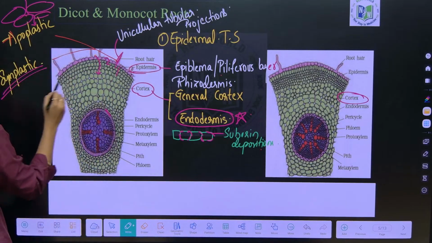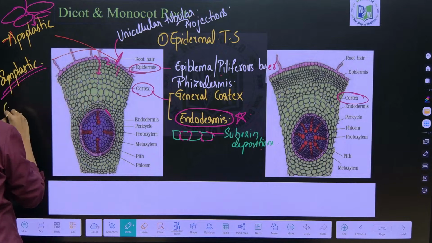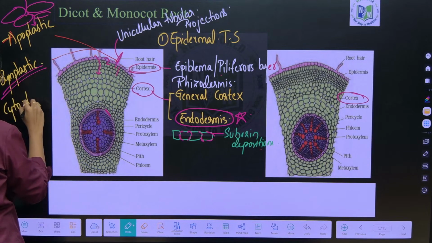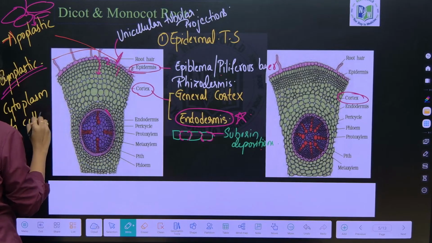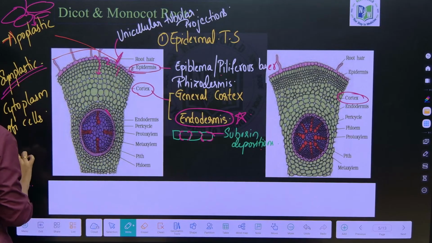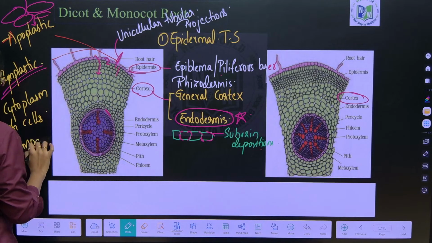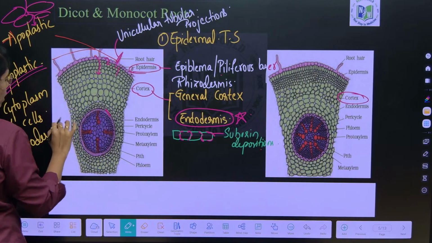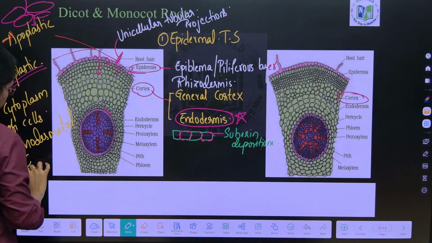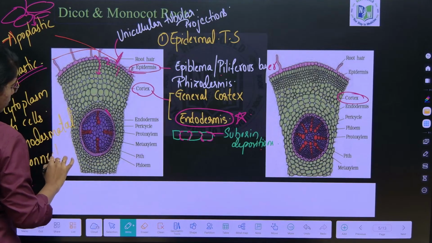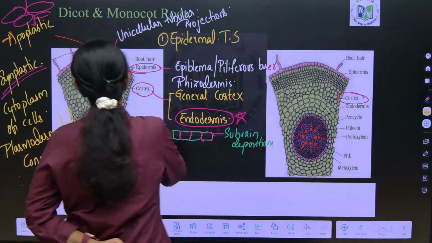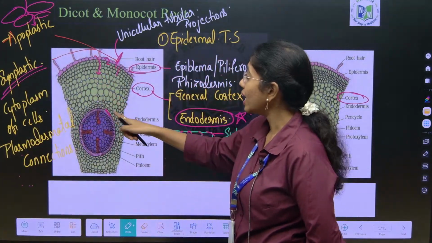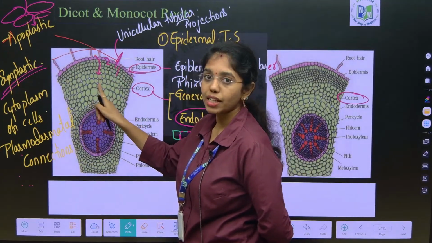Clear? So, through plasmodesmatal connections, the water is being transported intracellularly, symplastic movement.